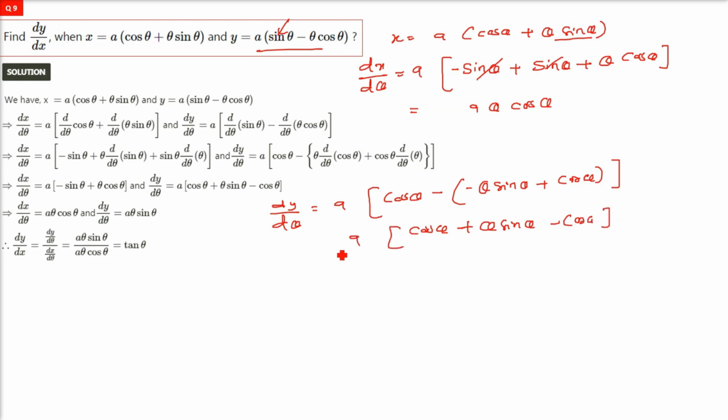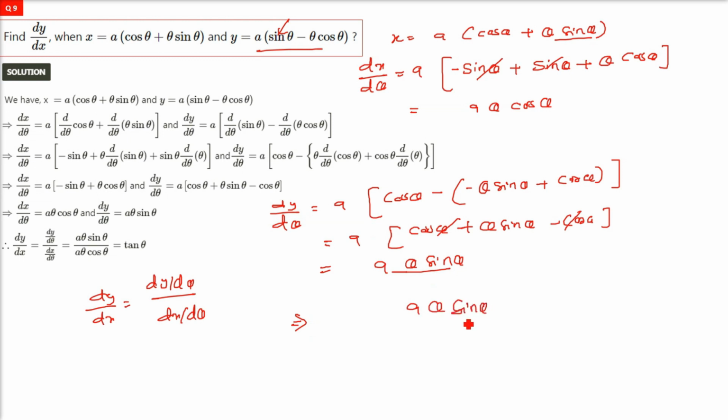So now here sin theta gets cancelled, and you'll get a theta sin theta. So this is your dy by d theta. So in order to find out dy by dx, you can write it as dy by d theta and dx by d theta. So this implies a theta sin theta divided by a theta cos theta. So this gets cancelled out. Sin theta by cos theta is tan theta.